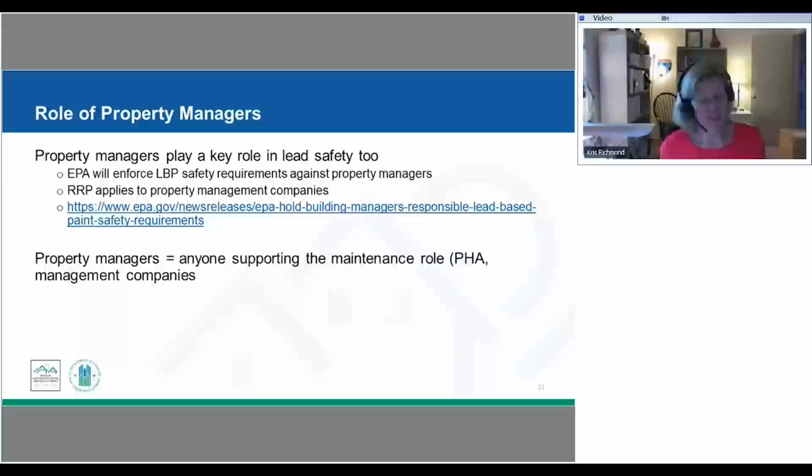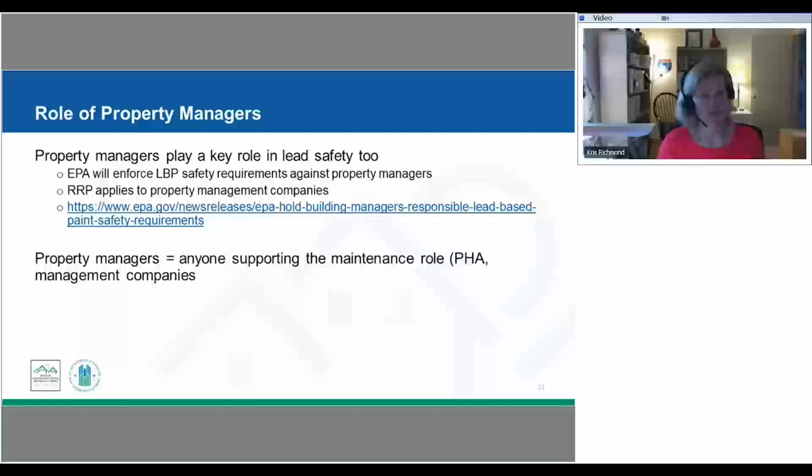So in 2021, EPA announced its intent to improve compliance and strengthen enforcement of RRP, which is the Renovation, Repair, and Painting Rule, as it applies to properties that have property management firms and companies that are claiming that they're performing regulated work without certification from EPA for RRP. So just letting you know that EPA is now really trying to have compliance with RRP, so they are coming after property managers.